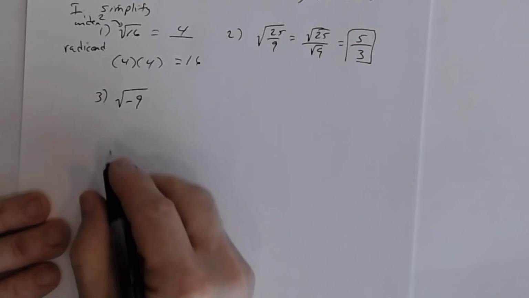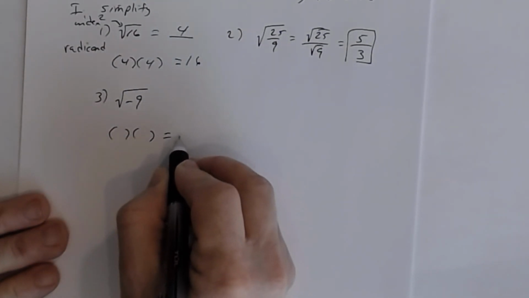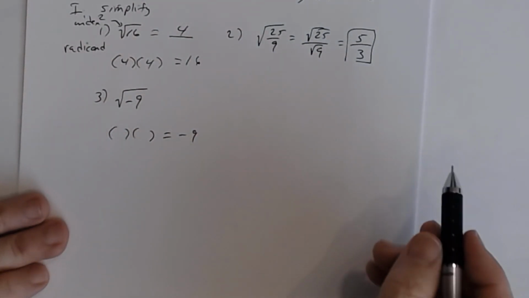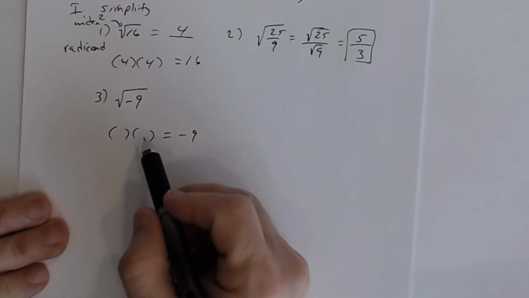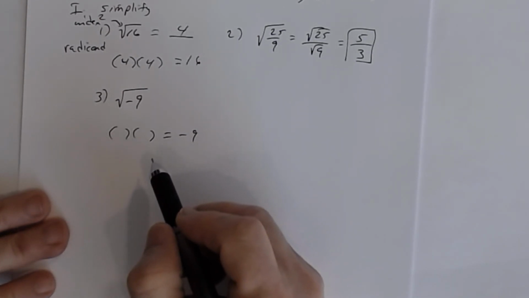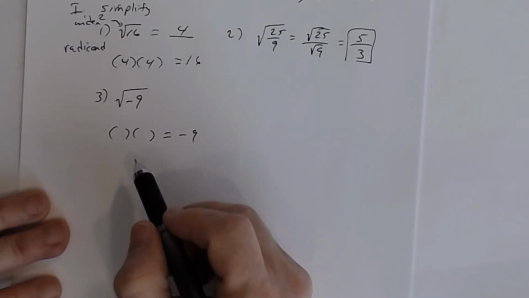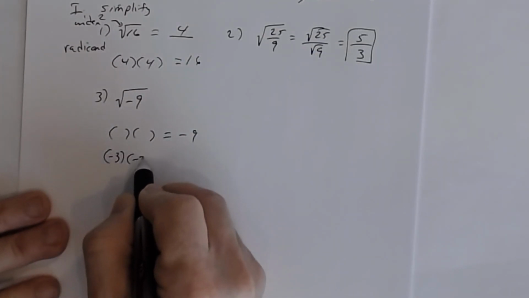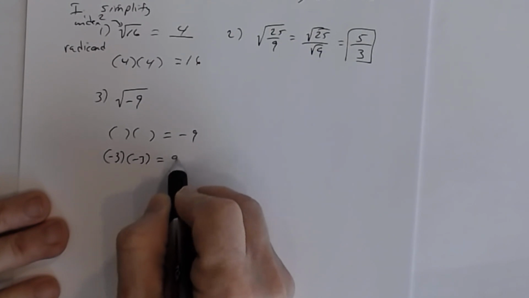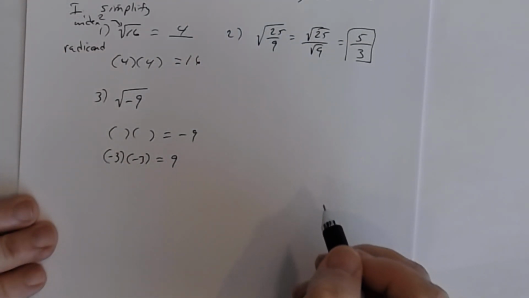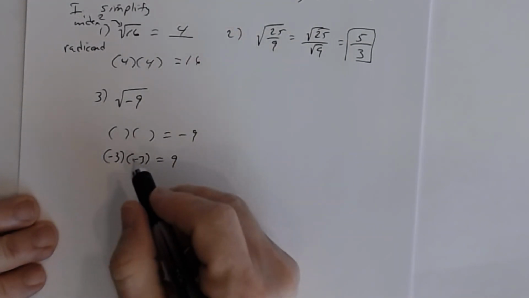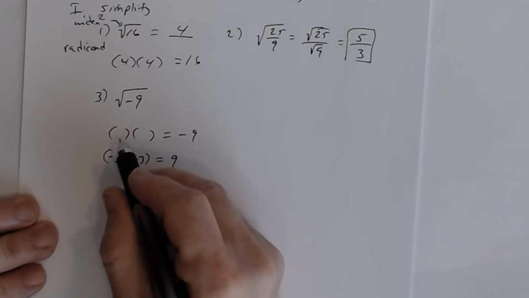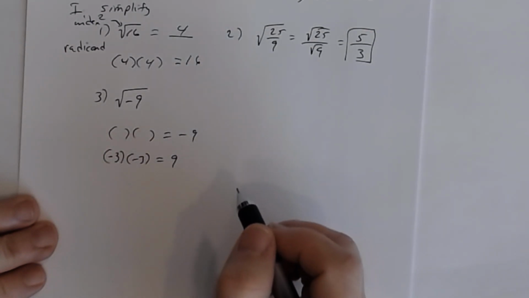So again, let's ask ourselves, what number times itself is negative 9? Well, there is no number times itself that's negative 9. Because if you think about it, negative 3 times negative 3 is not negative 9. Negative 3 times negative 3 is a positive 9.